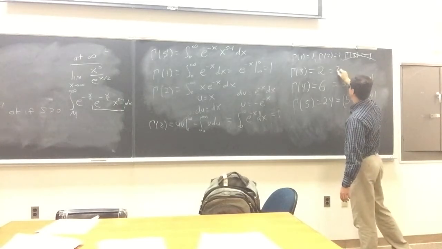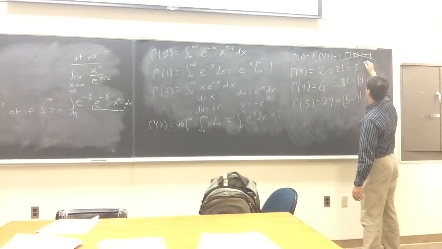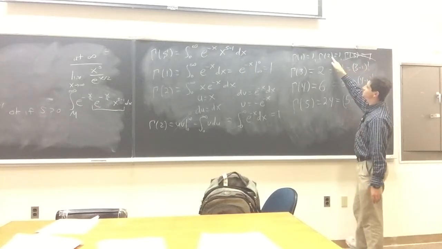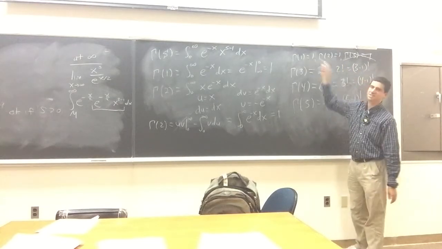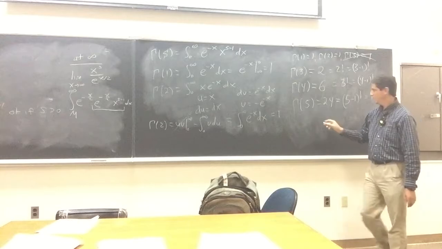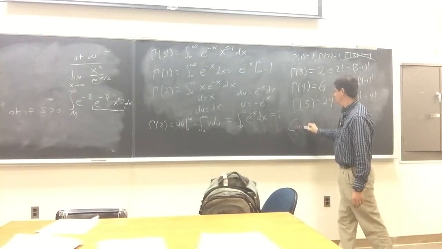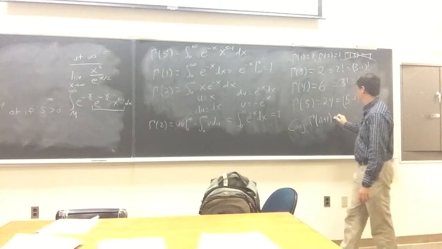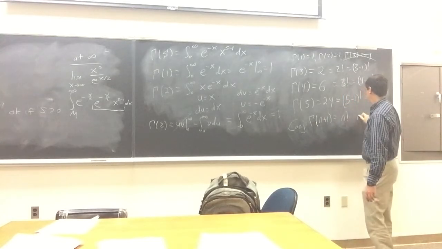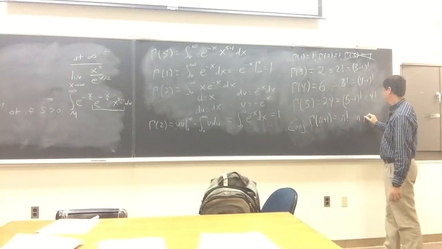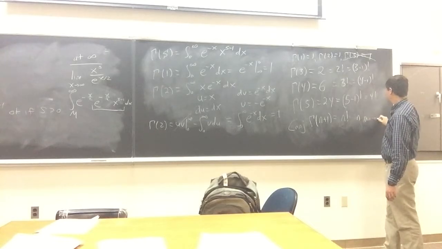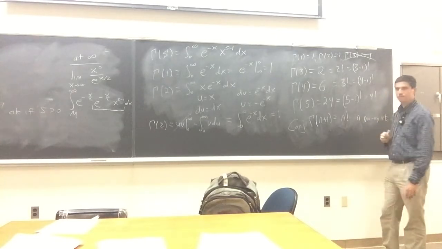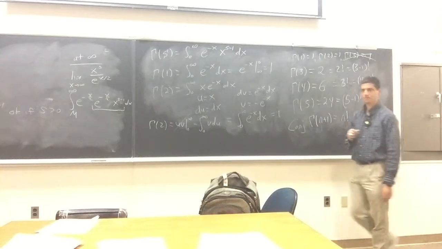This would be 2 factorial or 3 minus 1 factorial. This is then 1 factorial, and that's 0 factorial. And so this leads us to the following conjecture. Gamma of n plus 1 is n factorial if n is a non-negative integer.